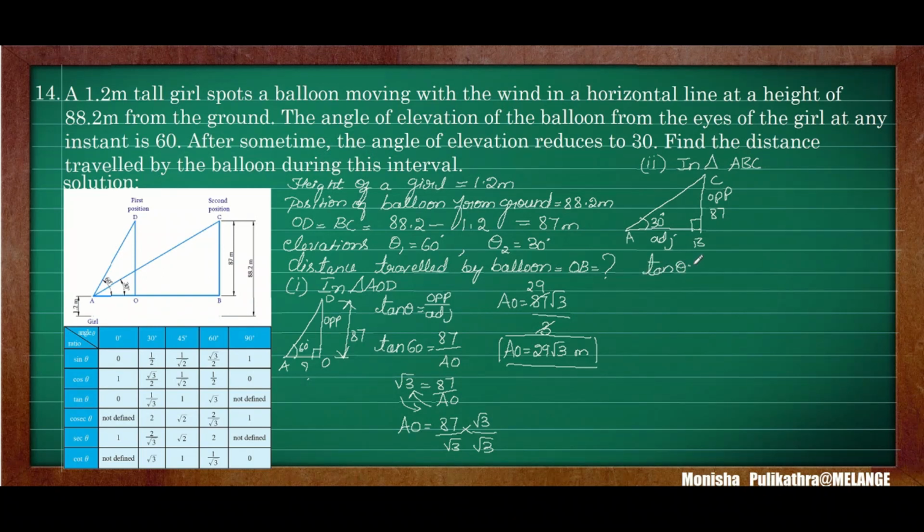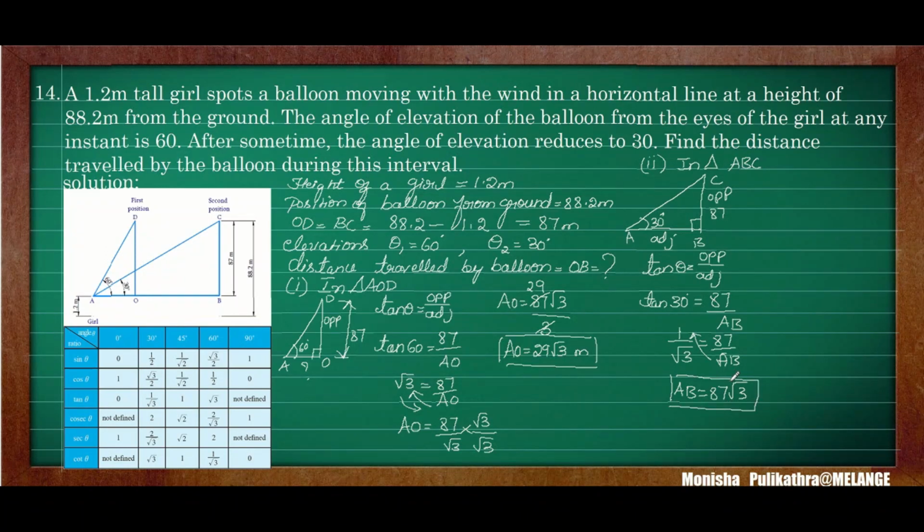So tan 30 is equal to opposite by adjacent, which is BC, 87, divided by AB, we need to find out. As per the chart, tan 30 is 1 by root 3, which is equal to 87 by AB. So if I cross multiply, AB is equal to 87 root 3. So this is the value of AB.